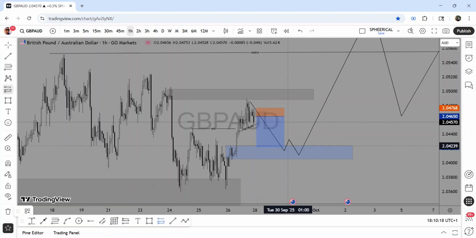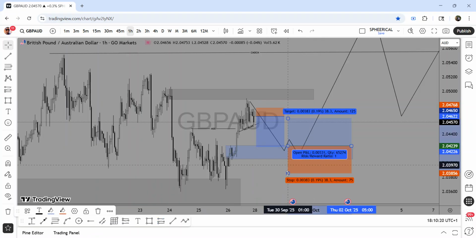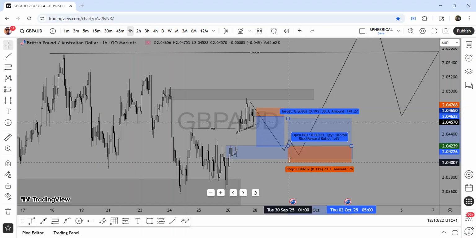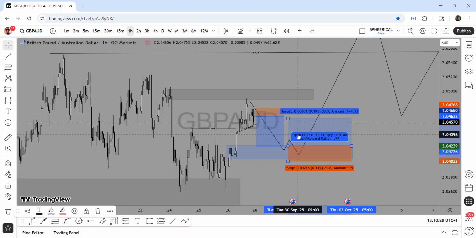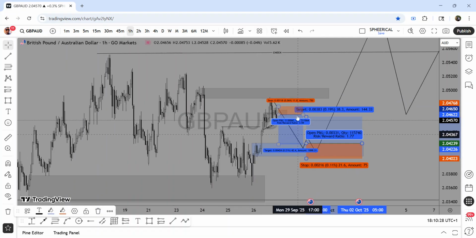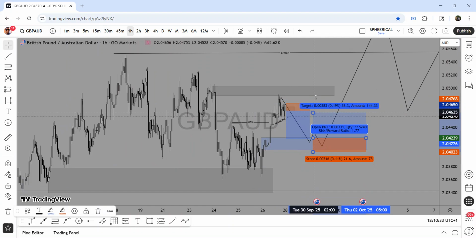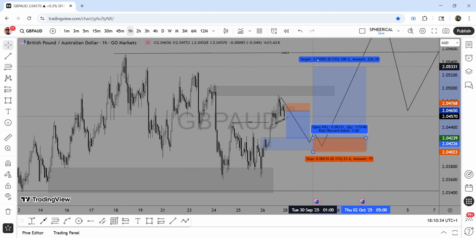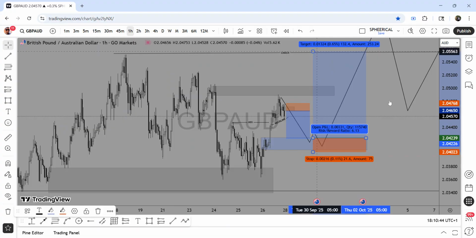Your target will definitely be the closest break of structure we have, which is this one-day lower high. So this is about 130 pips.